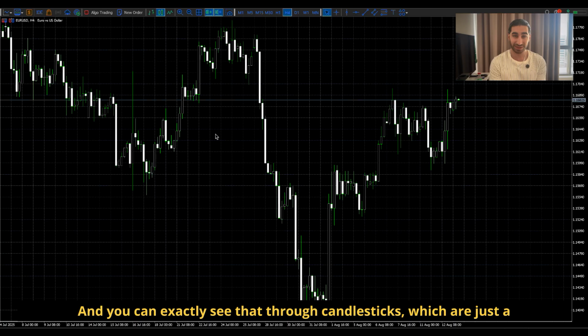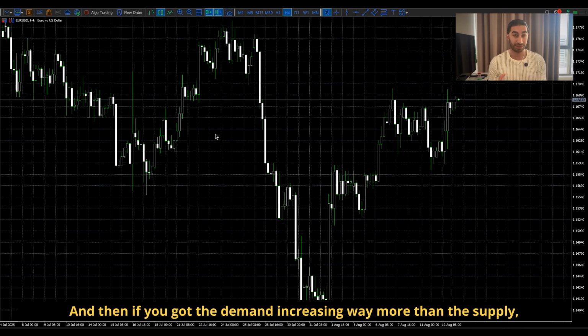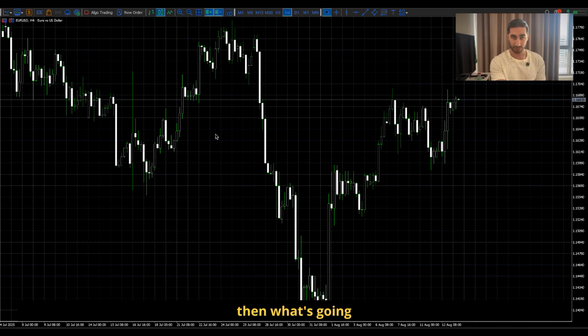And you can exactly see that through candlesticks, which are just a reflection of what's going on in the market. It's just a reflection of the price, okay? It's a way of drawing the price action. And then if you got the demand increasing way more than the supply, then what's going to happen?